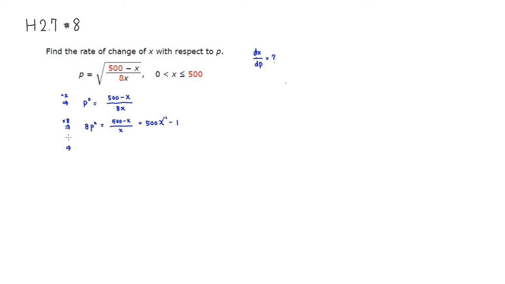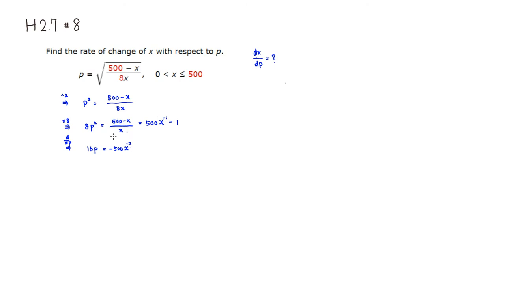We want to find the derivative with respect to p. So the derivative of 8p squared: put 2 in front, 8 times 2 is 16p, subtract 1 from the power. So 16p is equal to, well, the 500 is already there as a constant multiple, so put the negative 1 in front, and the x, and subtract 1 from the power, so it's negative 2.